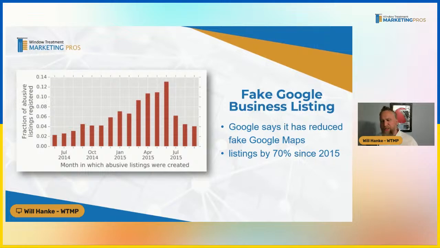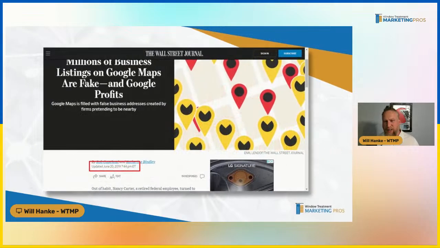Another thing that is still an issue is fake Google business listings. Maybe not fake ones so much as spammy ones, I guess would be a good way to say it. But Google says that they've really worked on this and reduced the fake listings.